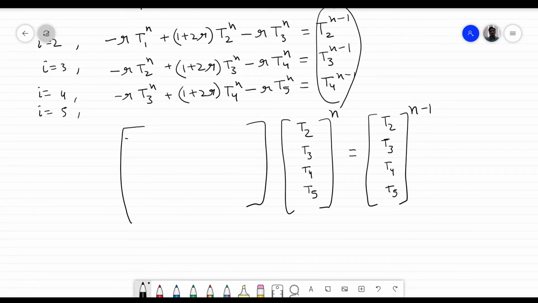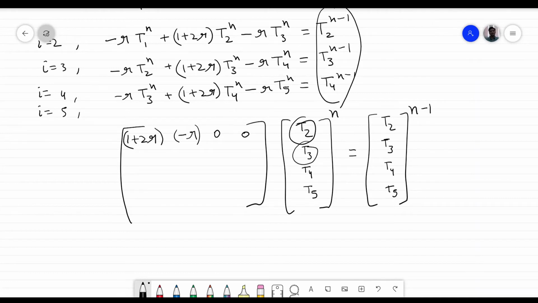The first element, because you have to multiply that with t2, is 1 plus 2r. The next element will be multiplied with t3, that is minus r. There is no t4 in the first equation here, so the element has to be 0. Similarly, 0 has to be multiplied with t5.